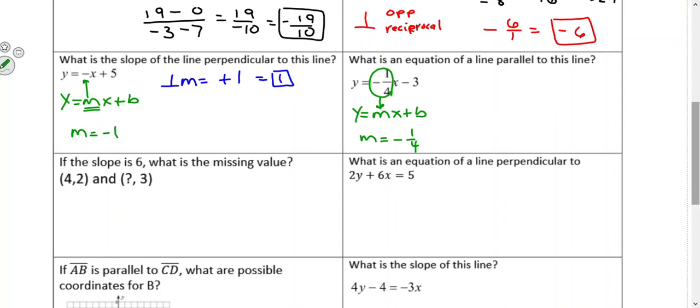We are asked to find an equation of the line parallel to this line. When we have parallel slopes, it's the same slope. So we know what our m is going to be, -1/4. We're going to put it into our slope-intercept form.